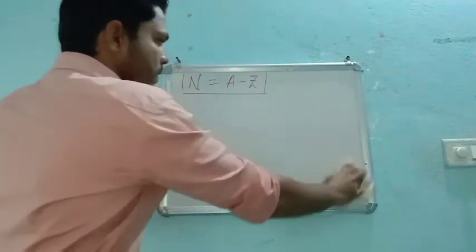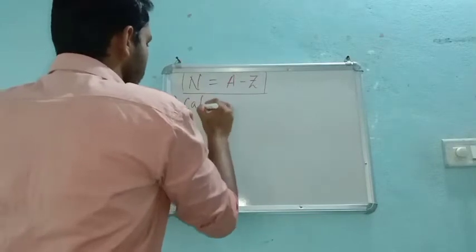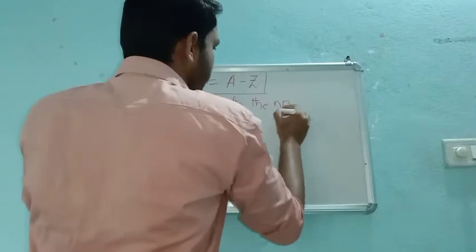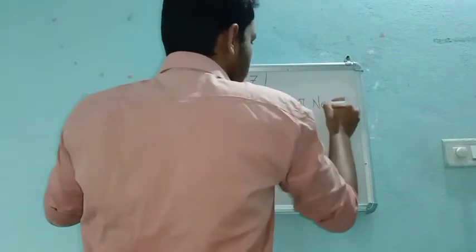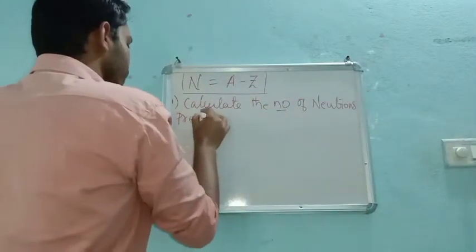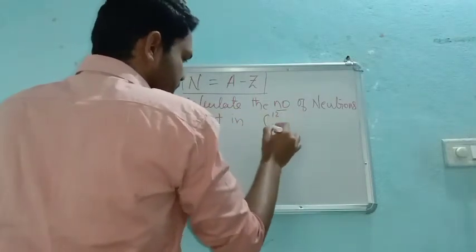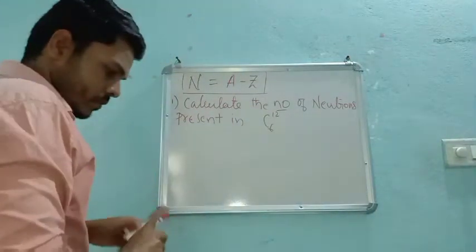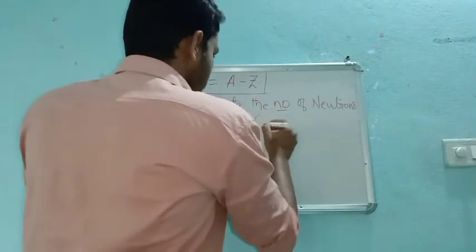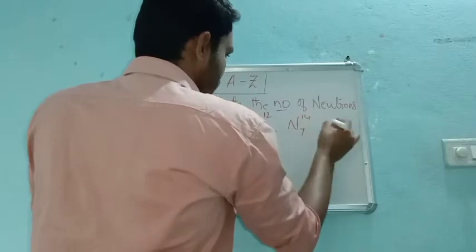So they will directly ask you like this: calculate the number of neutrons present in C-12-6, N-40-7, like this.